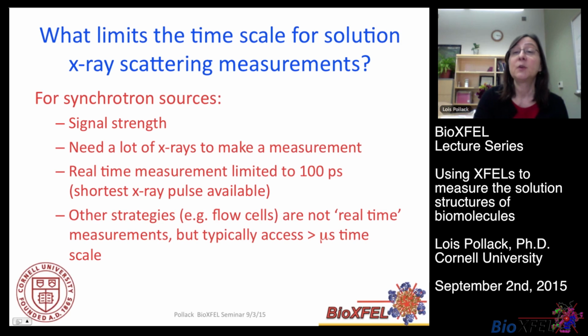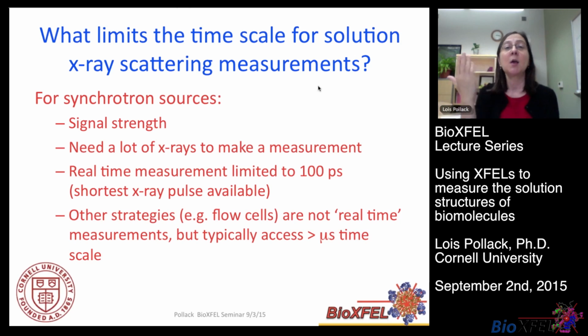And there are a few different ways of making time-resolved measurements. One way is to do it in real time. The simplest possible explanation of a real-time measurement is that it's just like taking a photograph with your camera, where the limit is the shortest exposure time of the camera, so you're taking snapshots in real time.